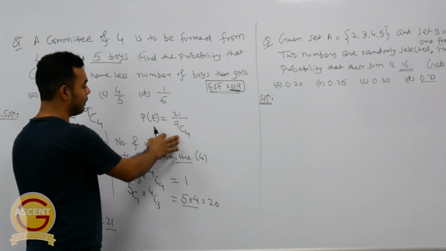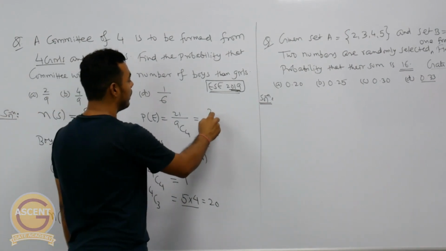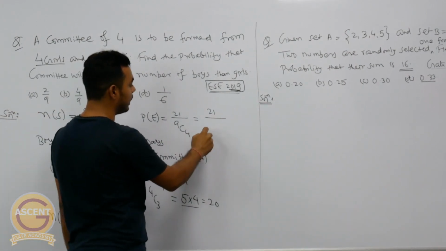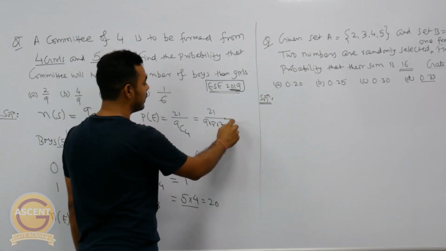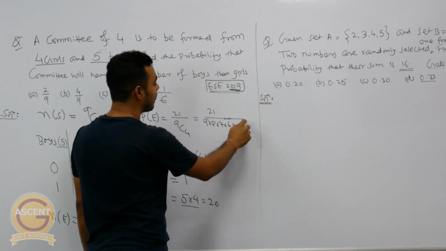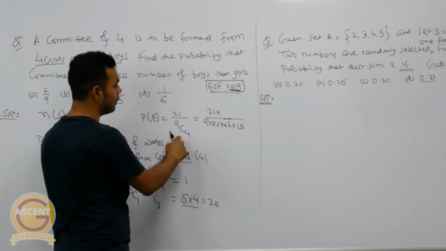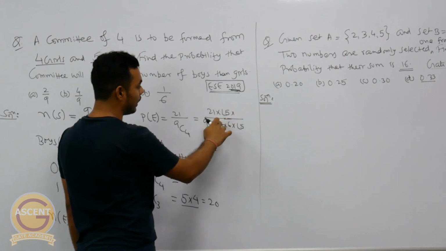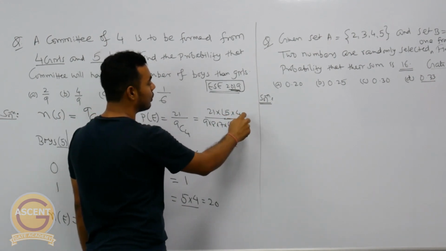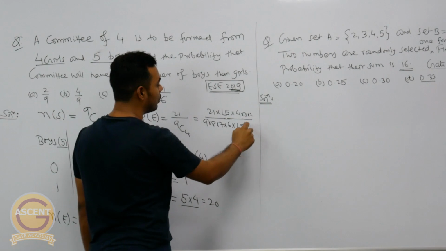Now after this you have to do calculation only. 21 divided by 9C4, you can write as 9 into 8 into 7 into 6 into 5 factorial in the numerator, and 4 factorial and 5 factorial in the denominator. So 4 factorial you can write as 4 into 3 into 2.